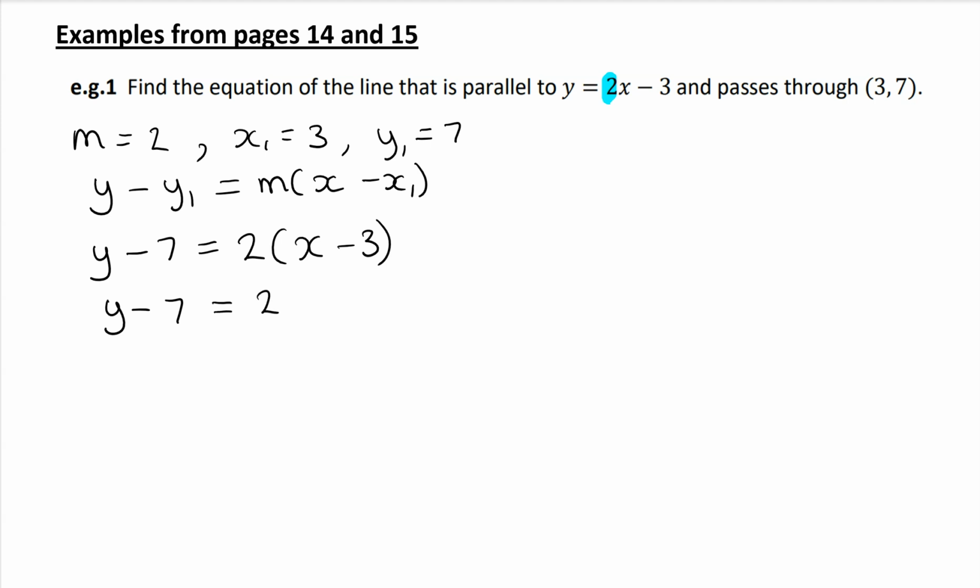Expand the bracket, and then I just need to rearrange it in an appropriate form. So I'm just going to leave it in the form y equals mx plus c here. Because you're not told a particular form to leave it in, you could also leave it in the form ax plus by plus c equals 0.